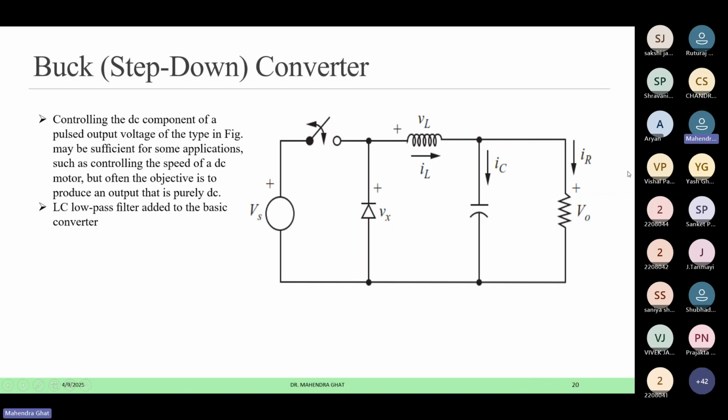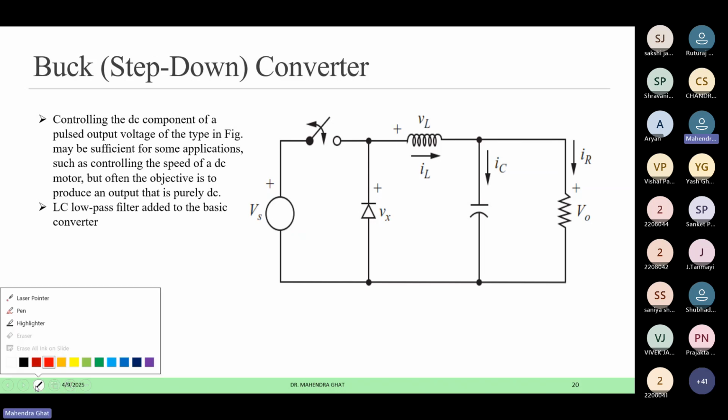It has one semiconductor switch, which can be a MOSFET, IGBT or anything, but for simplicity we have shown it as an ideal switch which can turn on and off when you give the gate pulse. Then there are the diode, inductor and capacitor. So this is the overall arrangement for the buck converter.